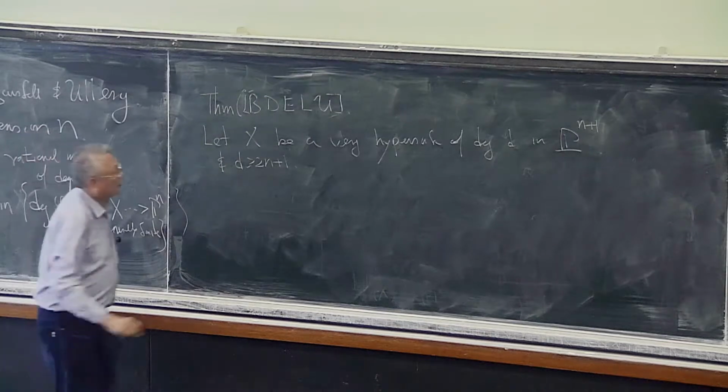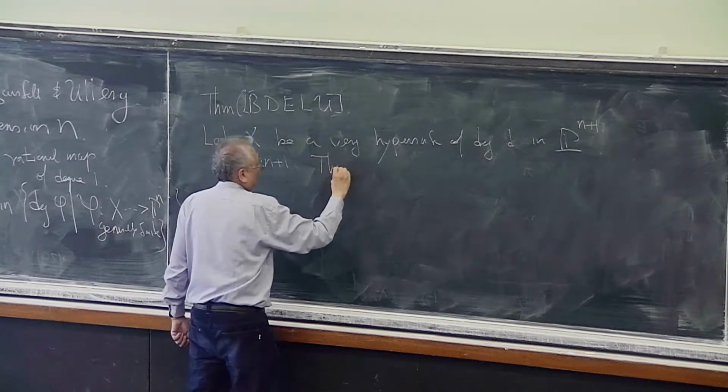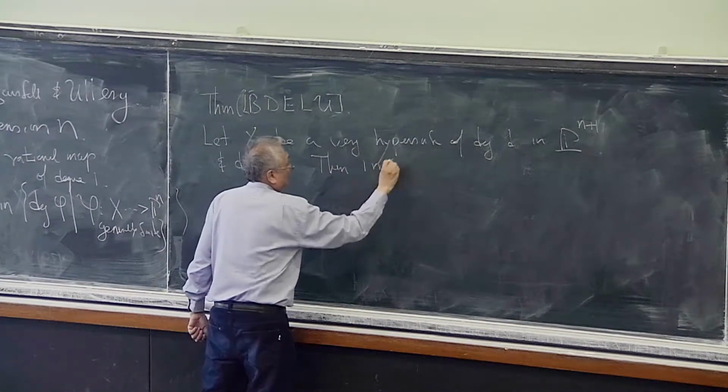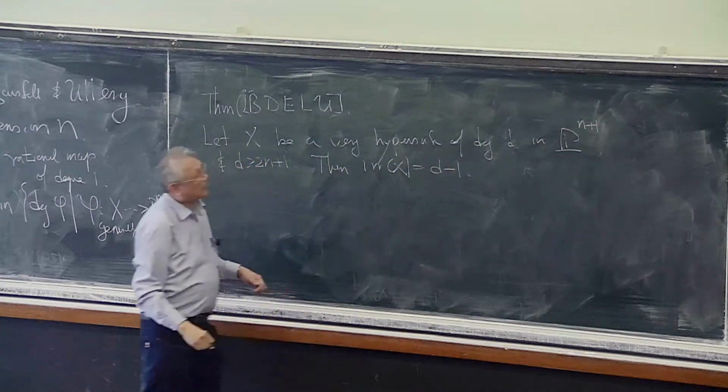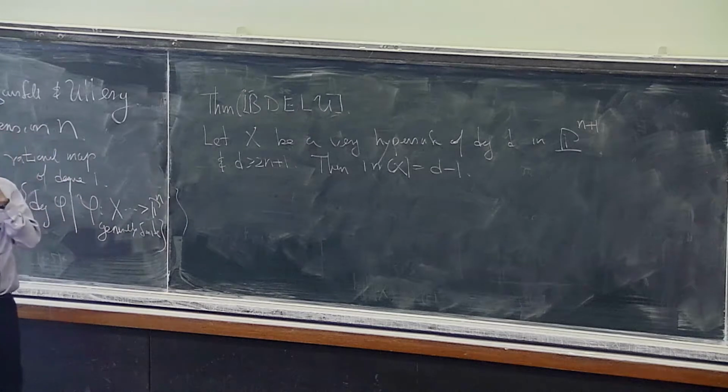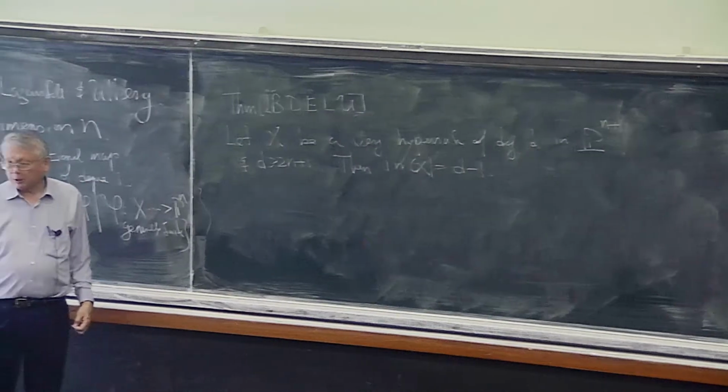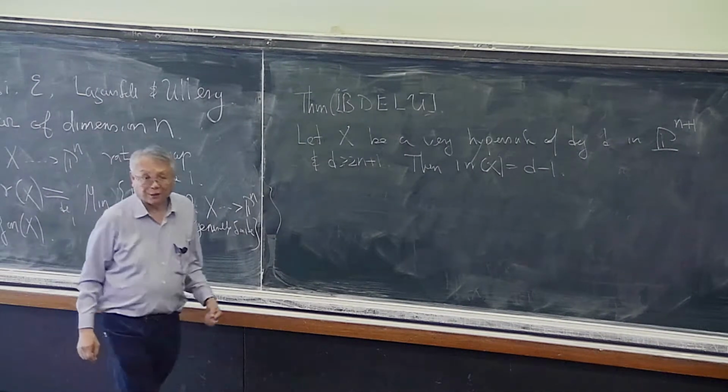Then the irrationality of X is equal to d minus 1, and they are basically just given by projecting from a point on the hypersurface to P^n.